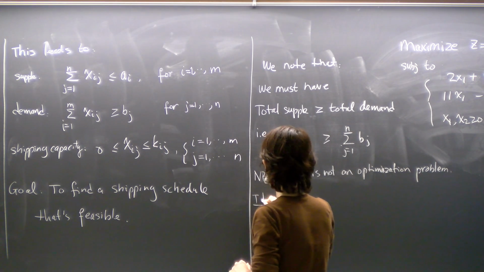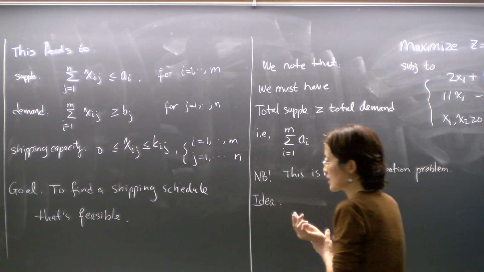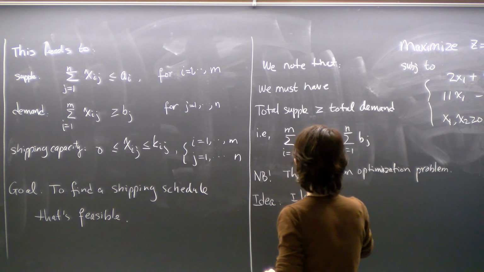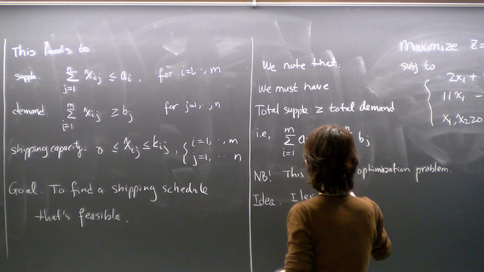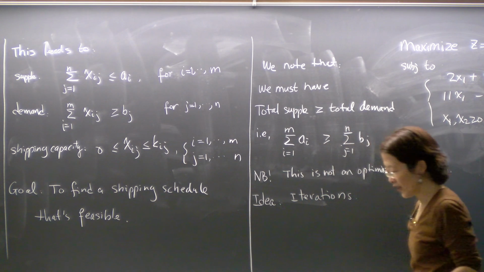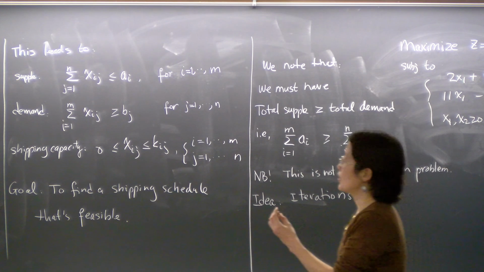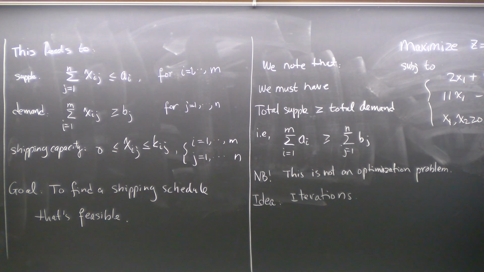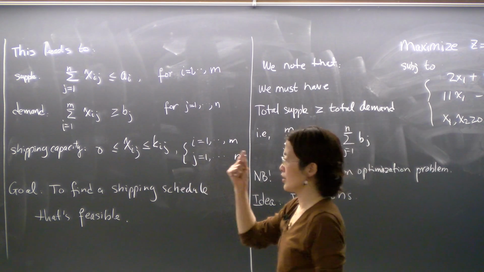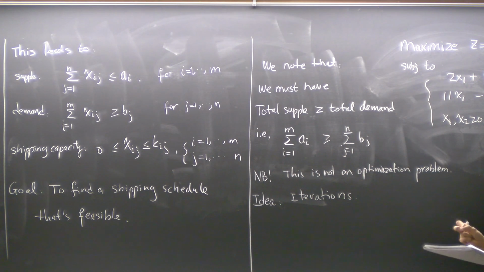So the idea of how to do this, which I'll just briefly say, we'll get into next time. You will have to go through some kind of iteration. It's actually not really a well-defined iteration. You look at your indices in order. Let's say I start with origin i equal 1 and see how much I should ship to each of the destinations that satisfies the constraint.